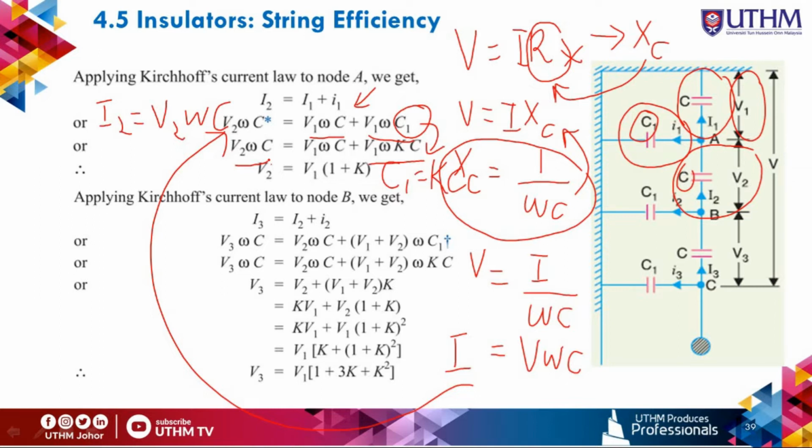So we don't have the C1 in this equation now. Then we simplify and we get V2 equivalent to V1 times 1 plus K. Okay, that one we have settled with node A.